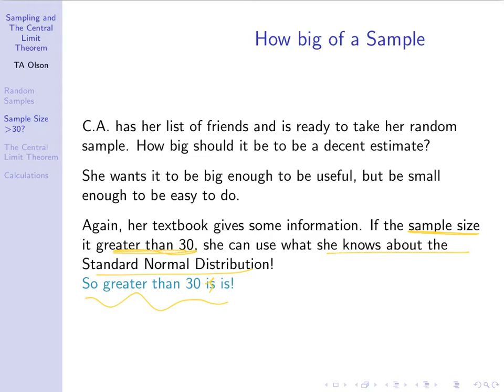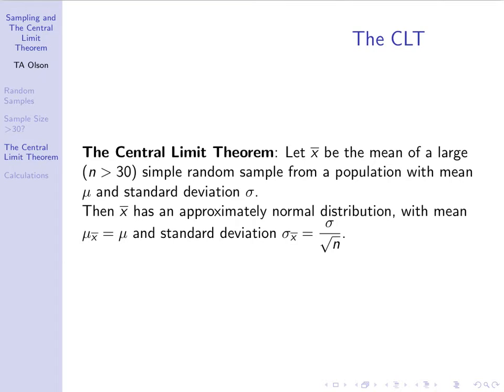All right, so let's introduce the big theorem. This is our big one. It's called the central limit theorem. Let x bar be the mean of a large sample, simply more than 30. It has to be a simple random sample from a population with a mean and a standard deviation that are known. Then the mean for that sample has an approximately normal distribution.